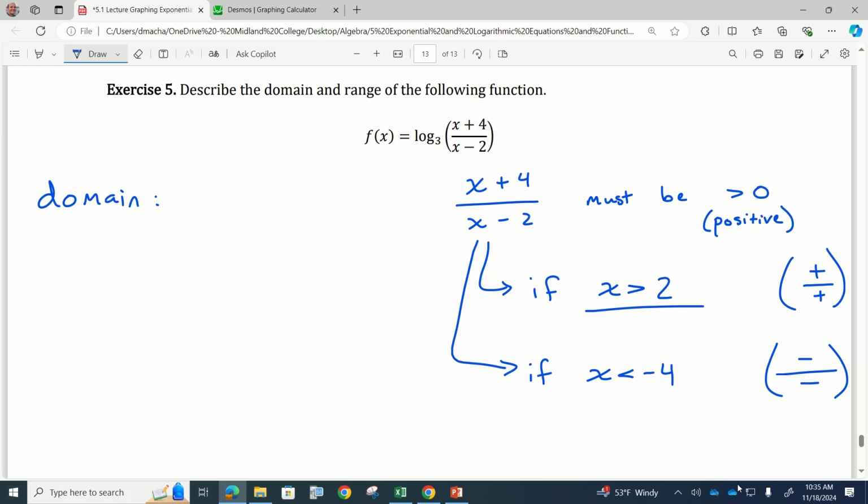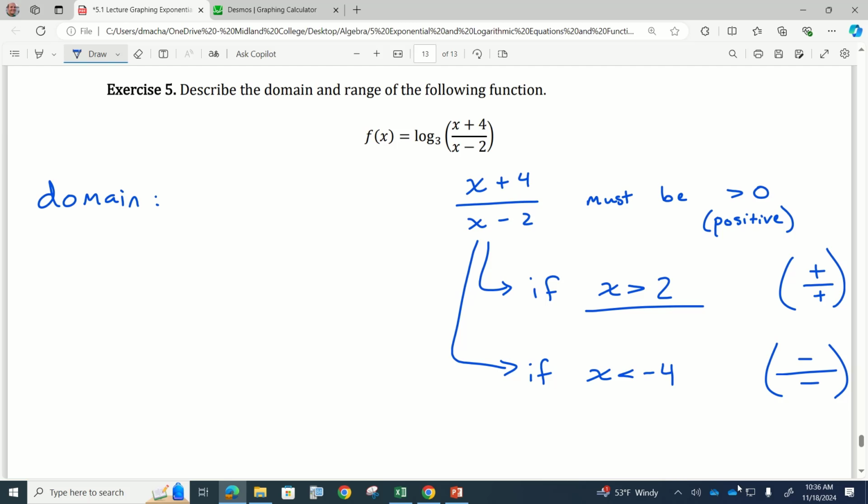So the problem is if x were somewhere between negative 4 and 2, I might end up with a positive number divided by a negative number. And if I have positive divided by negative, then the whole thing is going to be negative, and I can't take the logarithm of a negative.